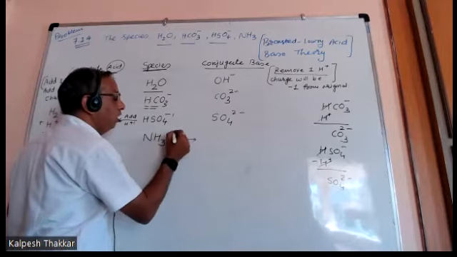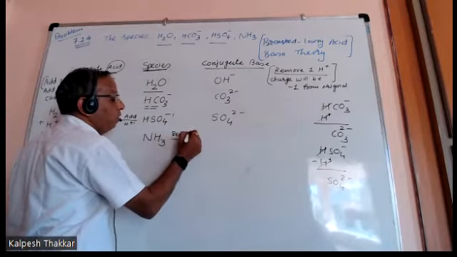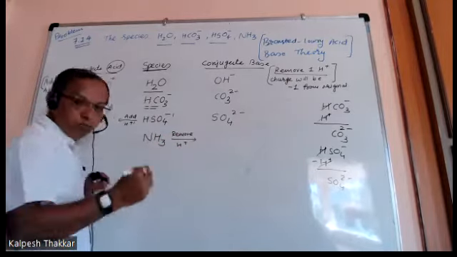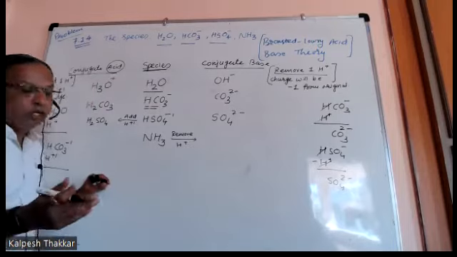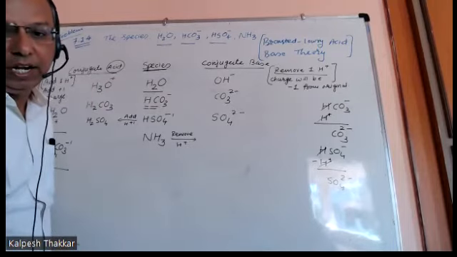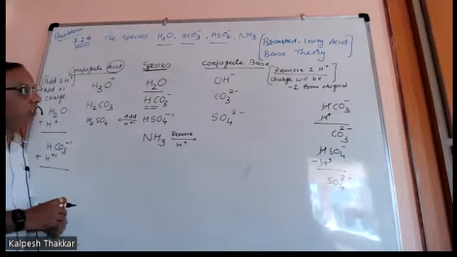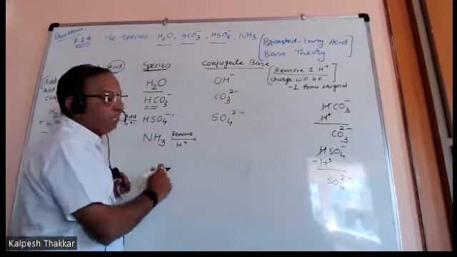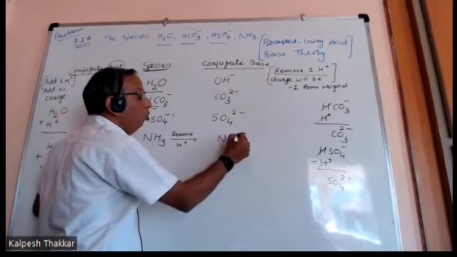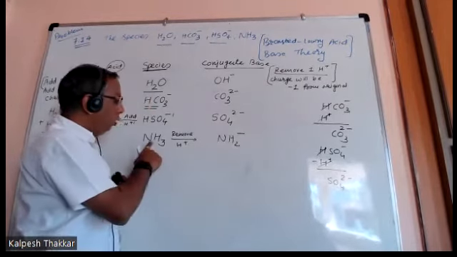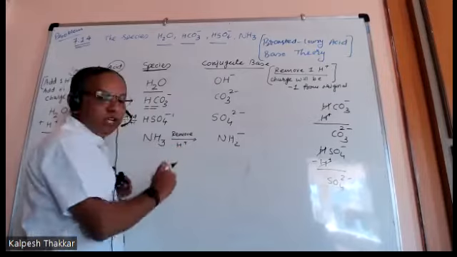Similarly, friends, here we have to keep in mind, remove H plus. NH3 minus H plus, in that case, we can get NH2 minus. Removal of H from NH3 means NH2.